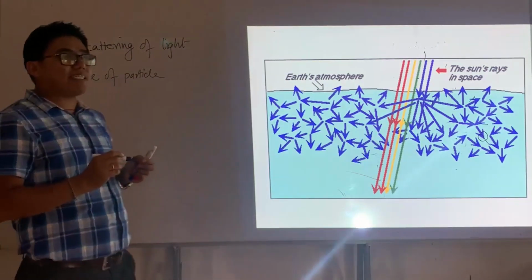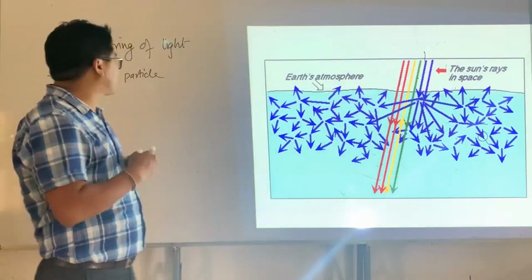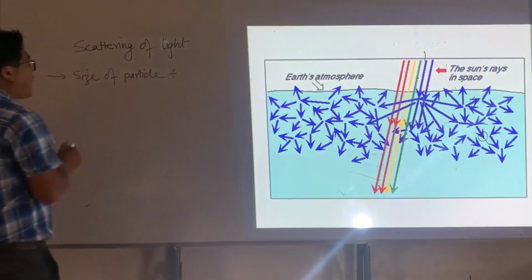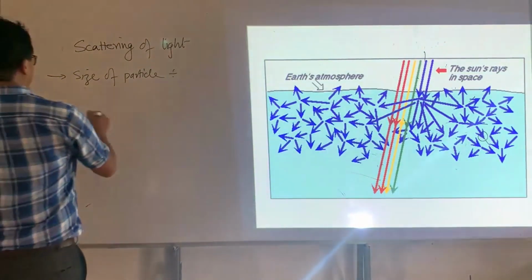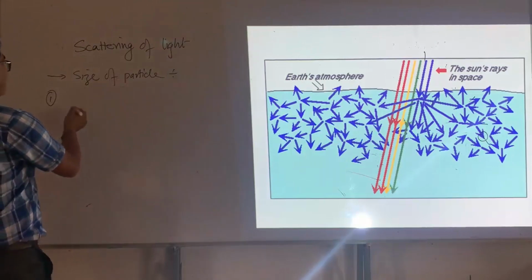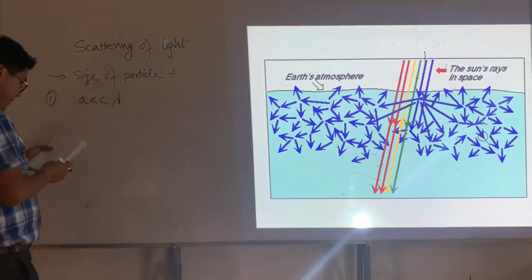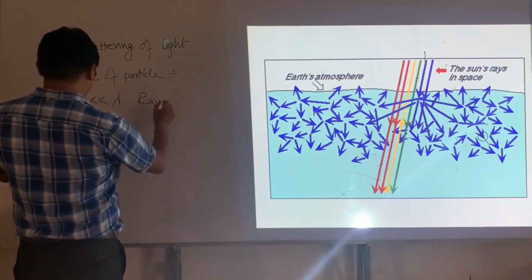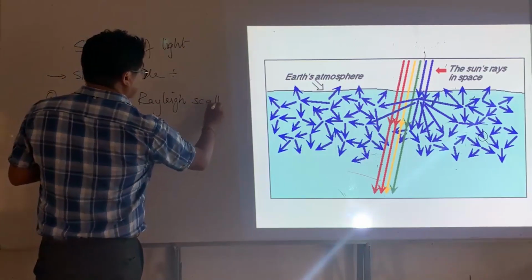Depending on the size of the particles, light undergoes different kinds of scattering, so we divide this into two. First, if the size of a particle is very small compared to the wavelength, the scattering is what we call Rayleigh scattering.